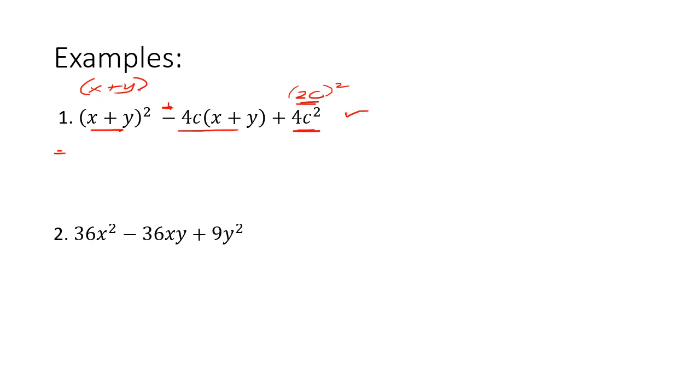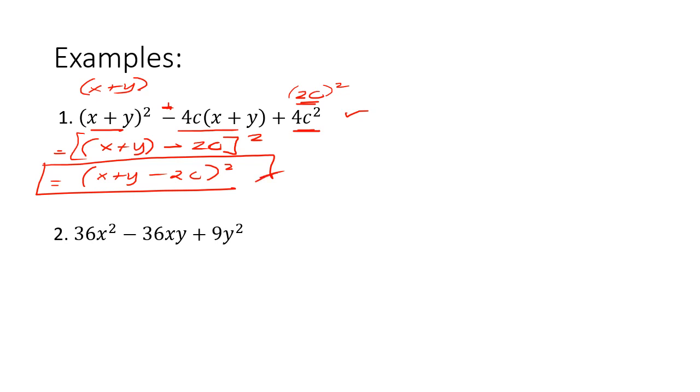So therefore you will have the quantity of x plus y, minus 2c, quantity squared. So you could write it this way: x plus y minus 2c quantity squared. So this is now the final answer.